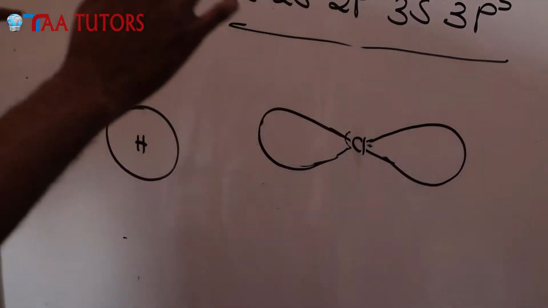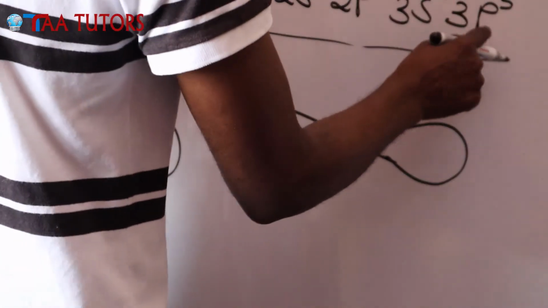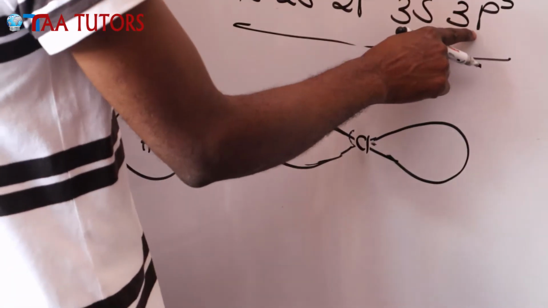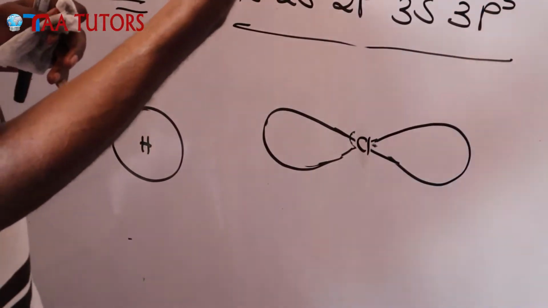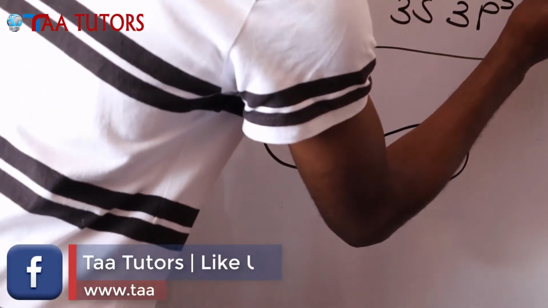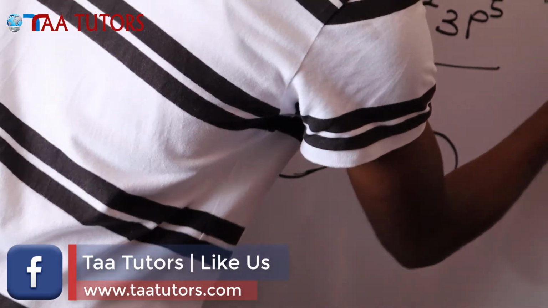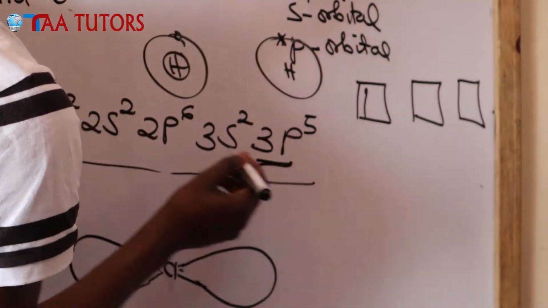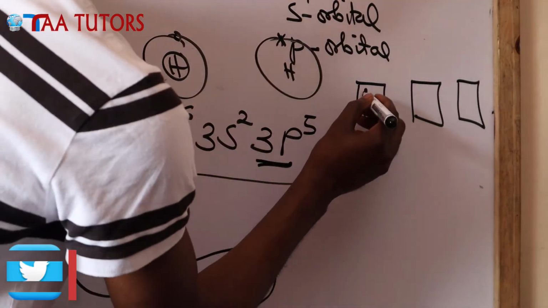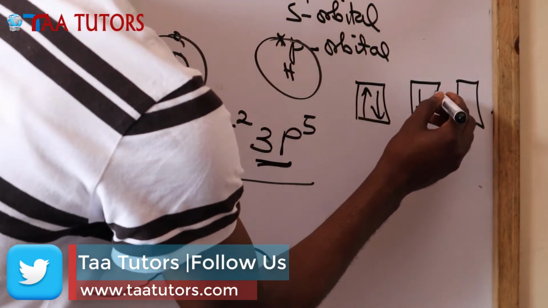We know that the p subshell has 3 orbitals here. If you remember, earlier we talked about electronic configuration, and I'm talking about the 3p. So this will be this, this, and this.